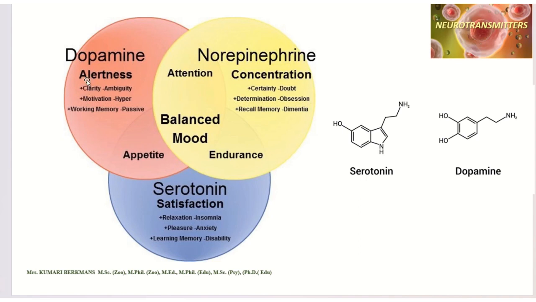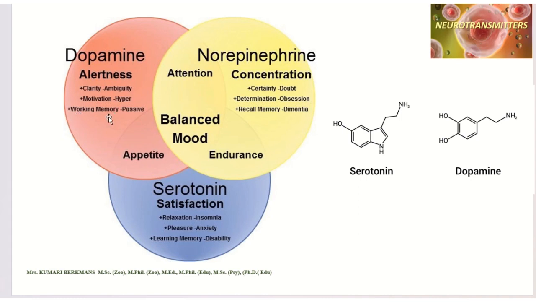In the sense of clarity, if it secretes in a normal amount, the person has full clarity and is always motivated by self motivation, and never feels excited or upset if anything bad happens. So he motivates himself always if the dopamine is in a normal amount.